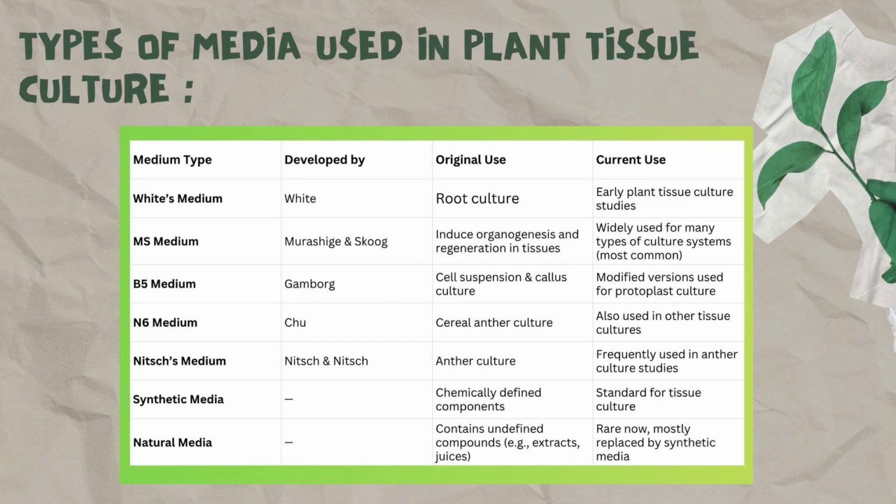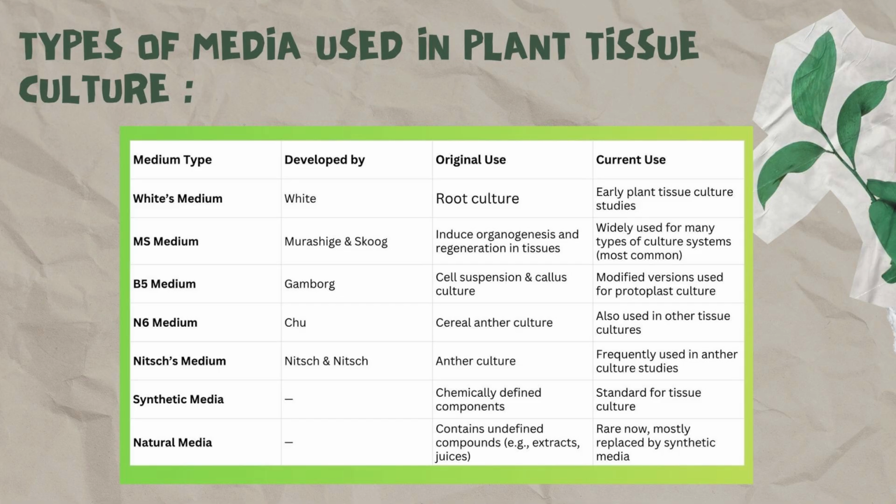Beyond cereals, it has found its way into all sorts of specialized tissue culture for lab research. We also have Nitsch medium by Nitsch and Nitsch. Originally for anther culture, it's still used today, especially for producing haploid plants from pollen grains, a powerful tool for breeding.